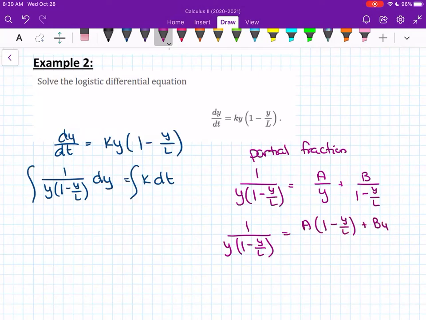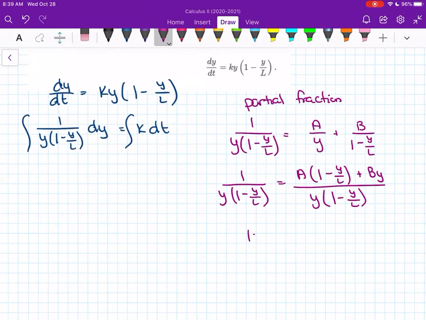So I get A times the quantity 1 minus y over L plus B times y, all over the common denominator. Now I have a common denominator on both sides, so I'm going to multiply by that denominator to eliminate it, and distribute A at the same time. So I get A minus Ay over L plus By.